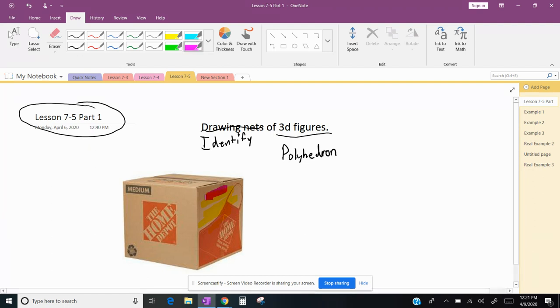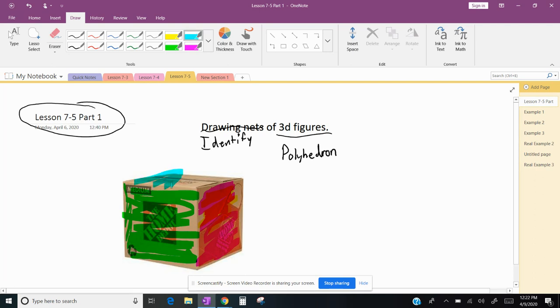Let me highlight it pink. There's a face right there. Okay, it's a side of a box. That's one face. It has a face right there to the front. And it has a top face right there.